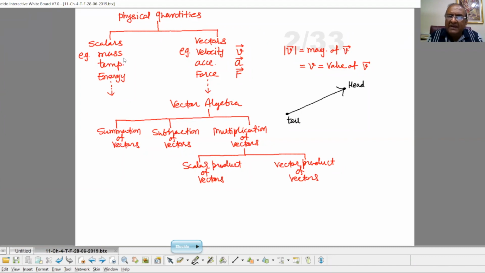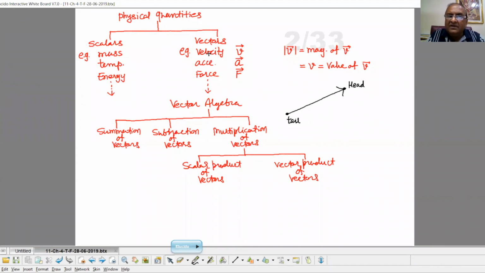In day to day life, we do not observe that mass is 1 kilogram in east direction, and if you take that particle in west direction and then measure the mass, then it is changed. Does that ever happen? No. For mass, we just say this much mass, that's it, there is no need for direction. So it is perfectly explained with the help of its magnitude, or we can say simple value.